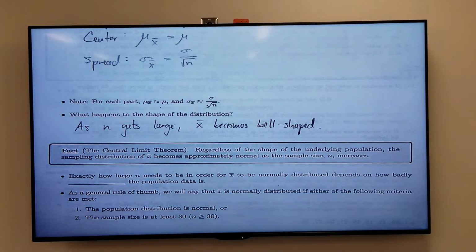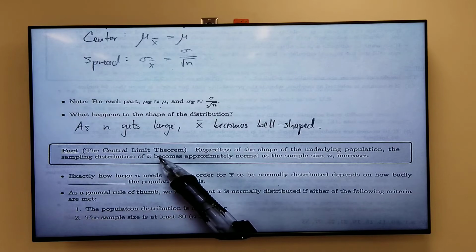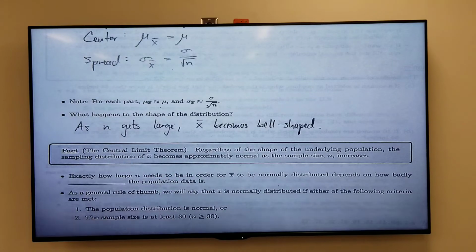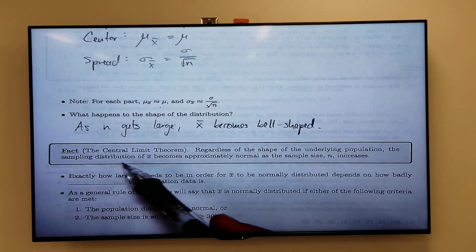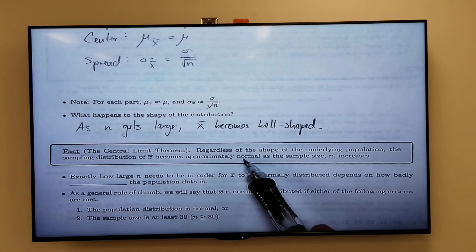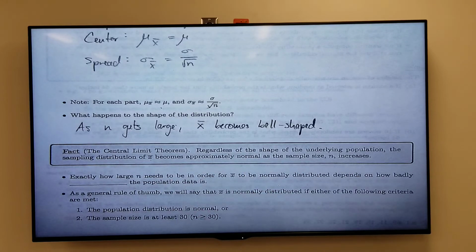That fact has a special name, and it's called the central limit theorem. This is a big deal in statistics. The central limit theorem says, regardless of the shape of the underlying population, the sampling distribution of x bar becomes approximately normal as the sample size n increases.